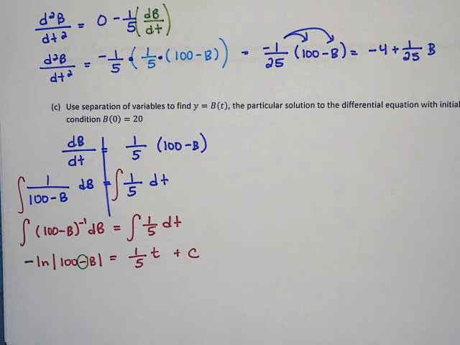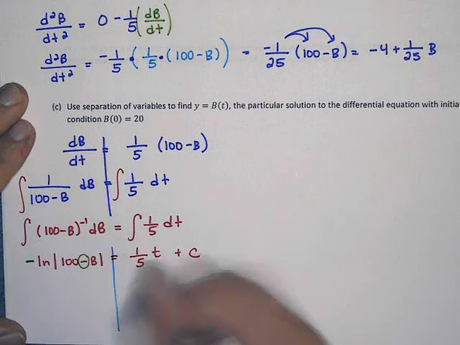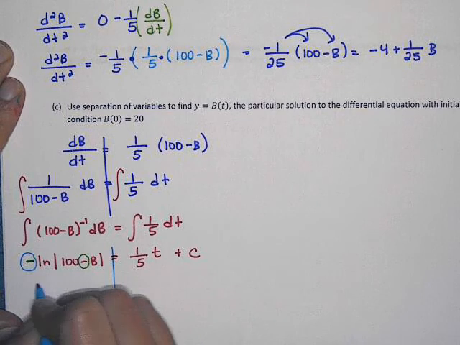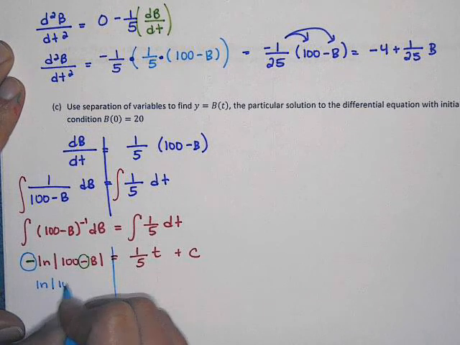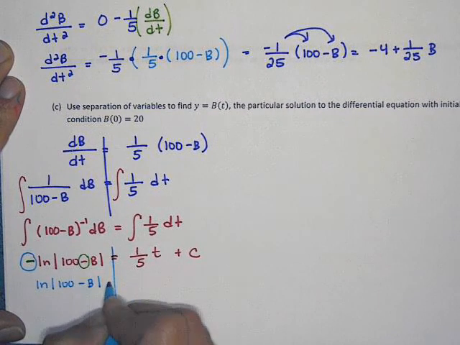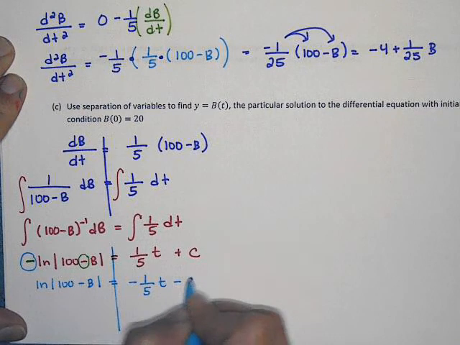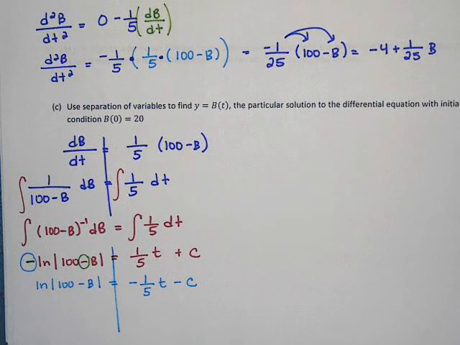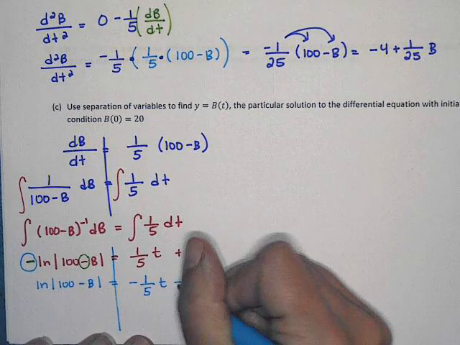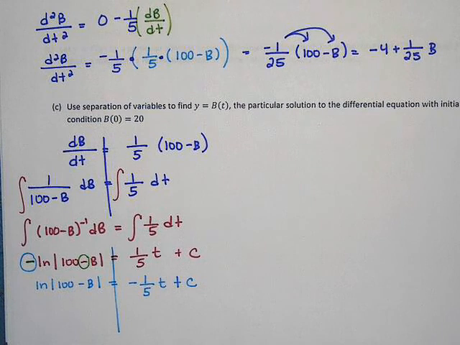Before I substitute my initial condition, I'm going to go ahead and isolate my b. So I'm going to start by dividing by this negative. So I'm going to have the natural log of the absolute value of 100 minus b equals negative 1/5 t minus c. Now, I don't actually need to change that c to a minus since it stands for a random number, so I'm going to change it back to a plus just so I don't get messy somewhere.